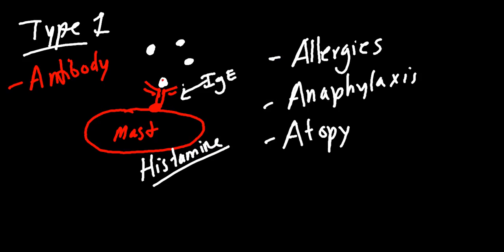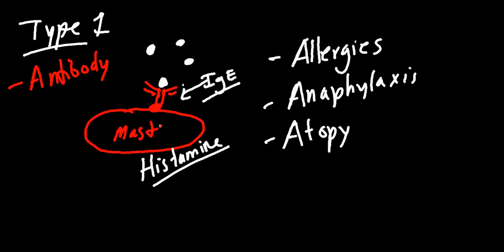So just to recount, this antigen is going to bind to the IgE immunoglobulin, which is going to be located on mast cells after initial exposure. And this is going to cause the mast cell hypersensitivity. It's going to cause this mast cell to release massive amounts of histamine, and thus it is going to be antibody mediated.